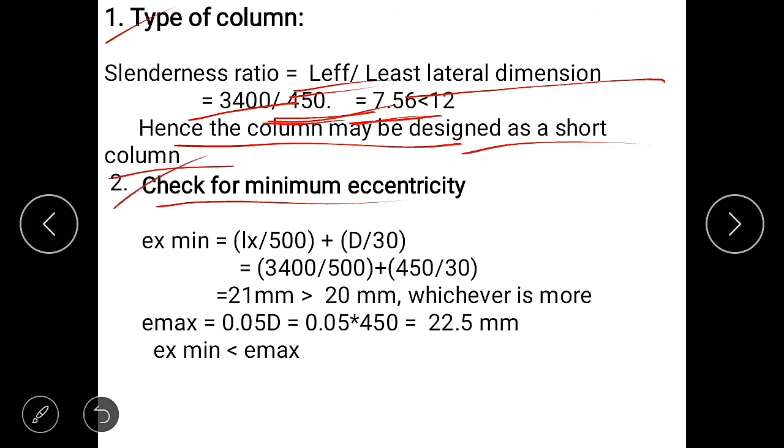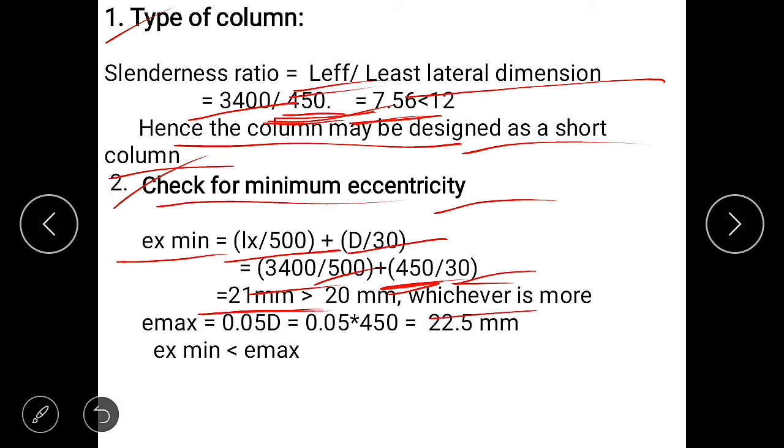Second, check for minimum eccentricity. We have to calculate the eccentricity. If the eccentricity value is greater than 20, then it is okay. Ex in x direction is Lx divided by 500 plus d divided by 30. So Lx is 3400 divided by 500 plus the diameter of the column, 450, divided by 30. The answer is 21 mm, which is greater than 20.